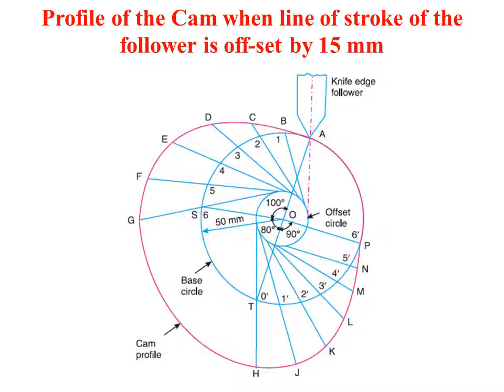So first we take O as a point, draw a base circle of 50 mm radius. Next, measure 15 mm, draw the offset circle.